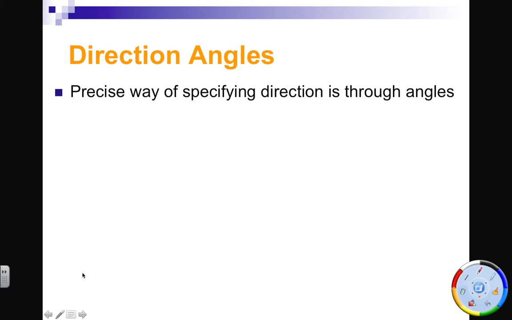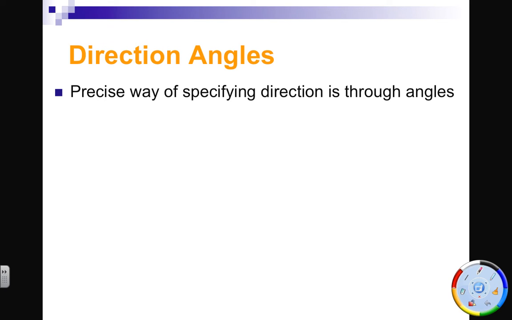Okay, so here's another one of those interesting things. Why did we do something a couple minutes ago that we're just going to change? When we first look at vectors, we kind of look at slope, but really that's not how we do a lot of things. We actually look at a precise way of showing direction of a vector, which is using angles.